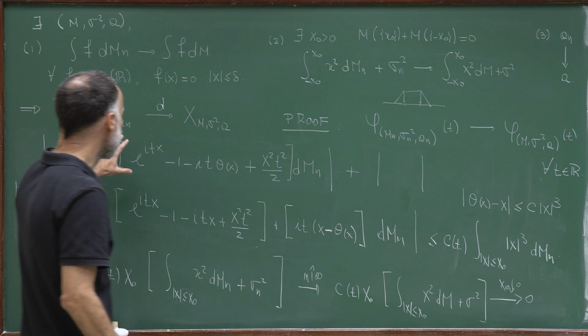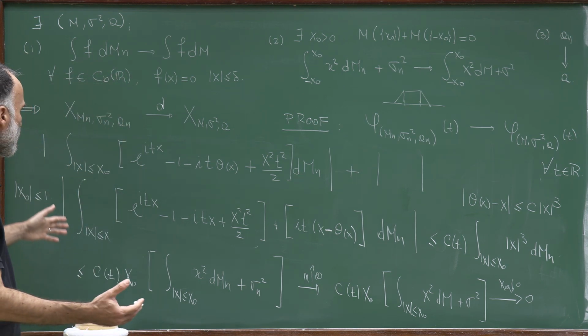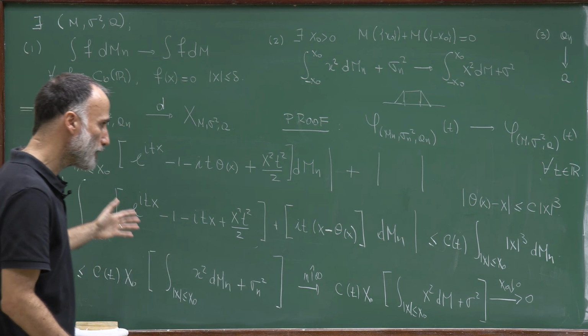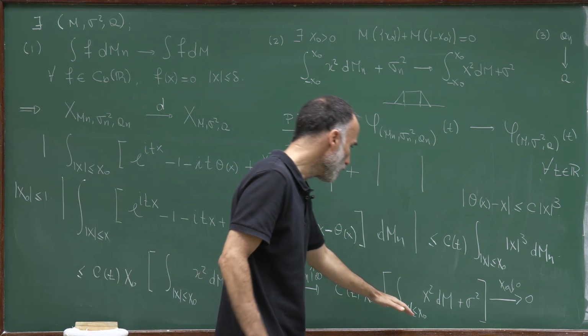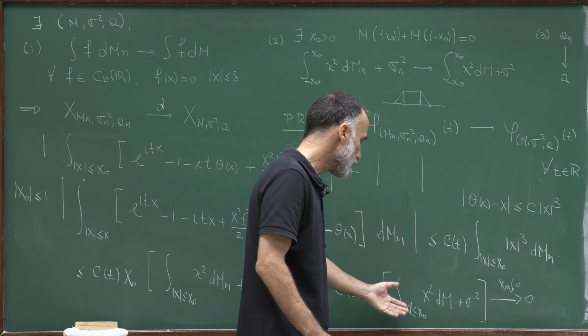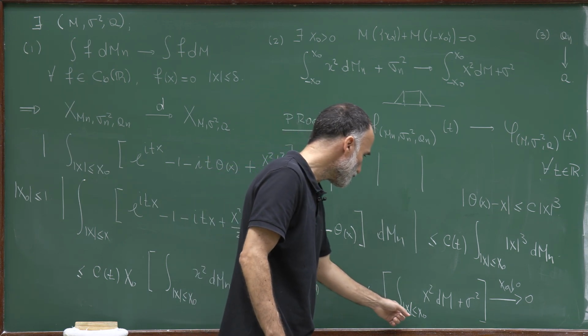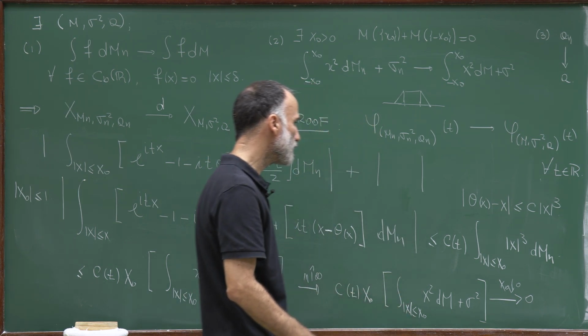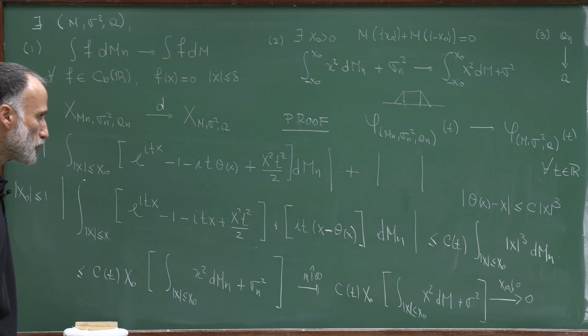So we divide our expression in two terms, one which was converging for all x0 fixed, and the second one which converged to 0 as n goes to infinity and then x0 goes to 0.